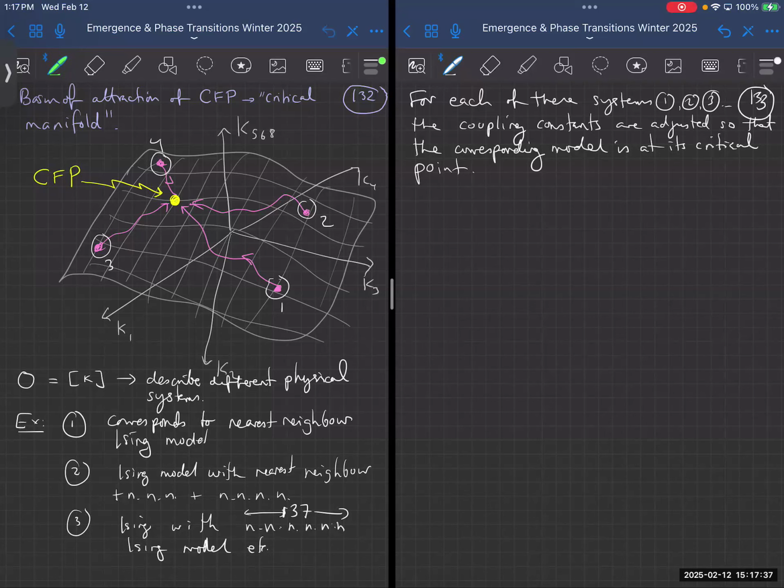So this says, if I take, let's say, the 137th nearest neighbor Ising model, and the next nearest neighbor Ising model, and the nearest neighbor Ising model, if I adjust the coefficients so that they're tuned to be exactly at the critical point, they will then flow to the same critical fixed point. And because it's the same critical fixed point for all these different models, it's why these different models behave the same way at their critical point.